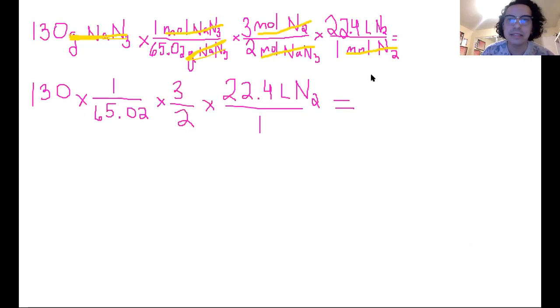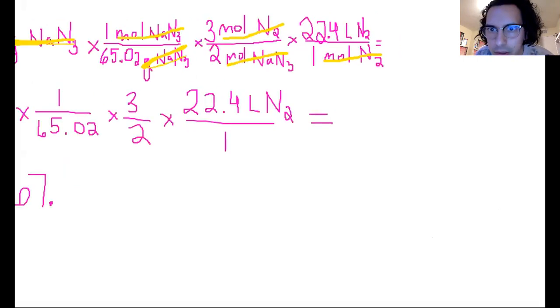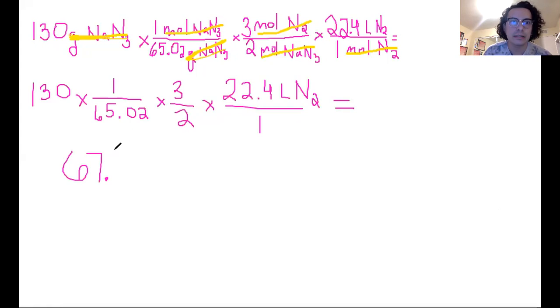Now we divide by 65.02 and then divide that by 2. And we get 67.18 liters of N2.